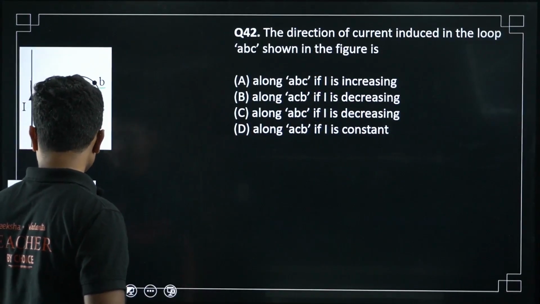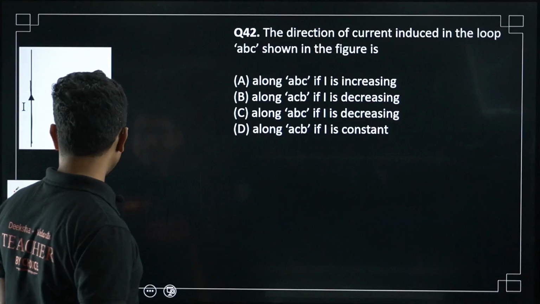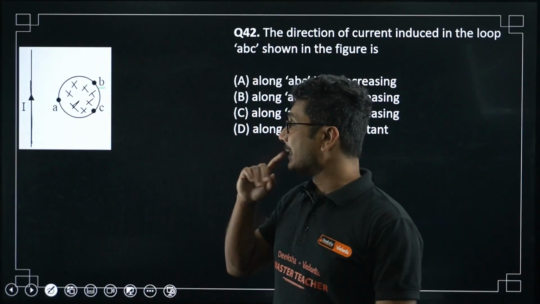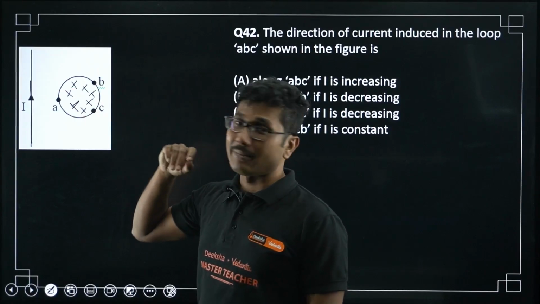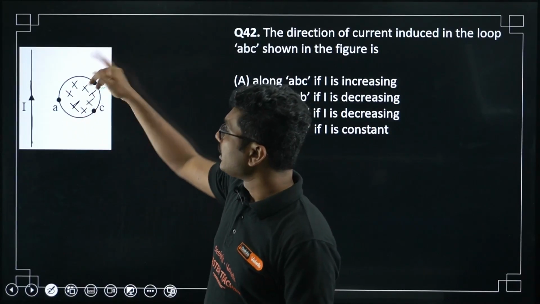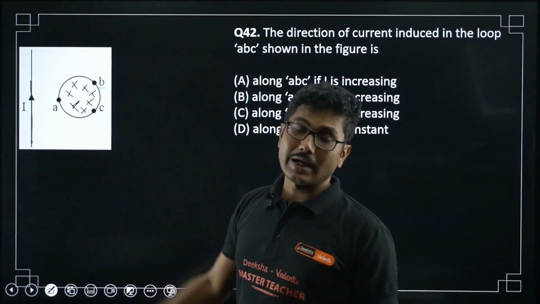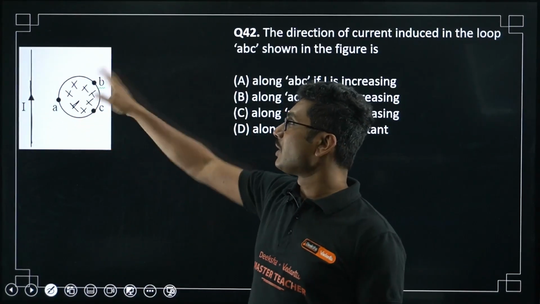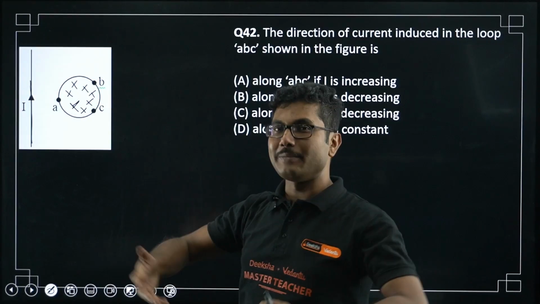Now let's see what will happen if the current is decreasing. If the current is decreasing, then the induced EMF will support the original magnetic field. The coil says, okay, you are decreasing, let me support you.